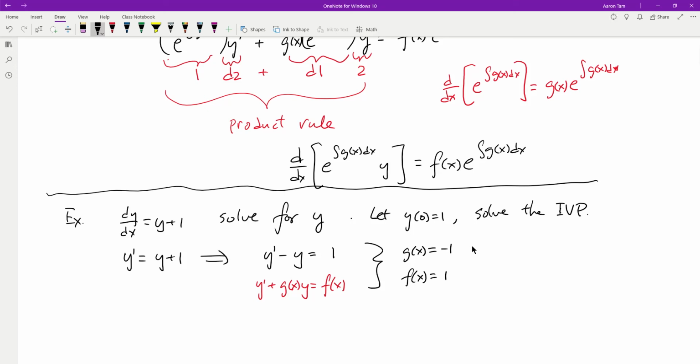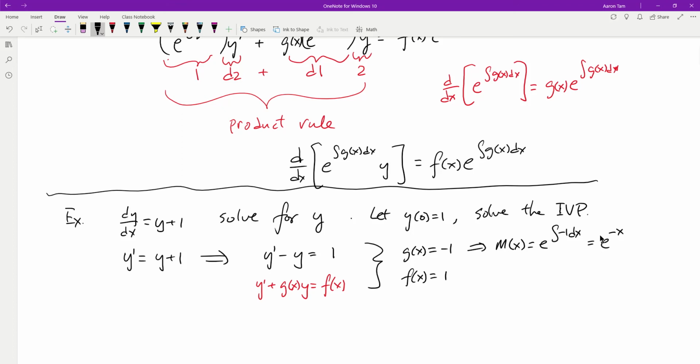So therefore, that tells me that our exponential multiplier, m of x, would equal e to the integral of -1 dx, and therefore becomes e to the negative x. And no, you don't need the plus c, because the plus c would just be confined into a constant in front.